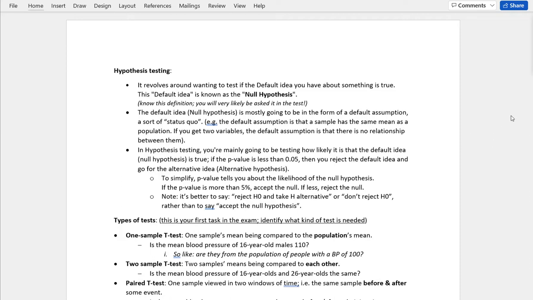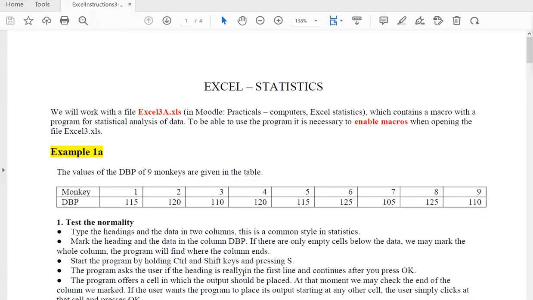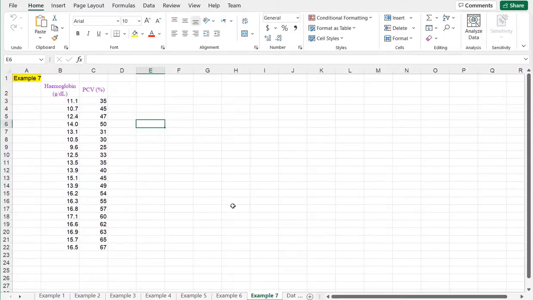What you'll need to follow along with the seminar is this document, called Biostats Excel file, Word document. I'll put a link to it in the description of the video. You'll also need the file called Excel Instructions 3.pdf, which you'll find on Moodle for biophysics, and the file called Excel 3, which you'll also find on Moodle.